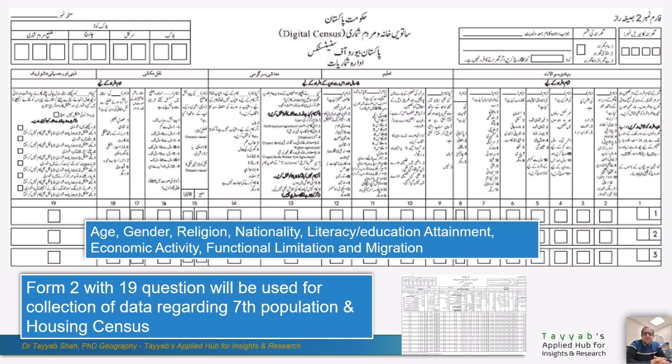There are 19 questions; if you can see, the numbers are given. So based on these two questionnaires, where we have basic information and then more detailed information about each and every person in the household, about their different socioeconomic characteristics.